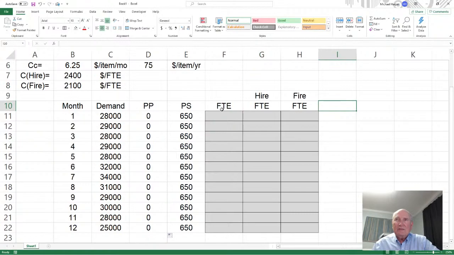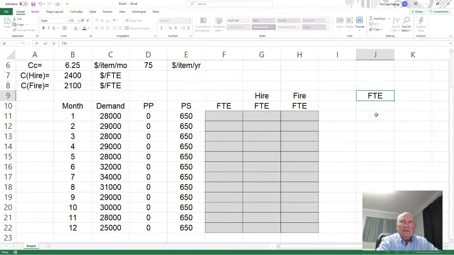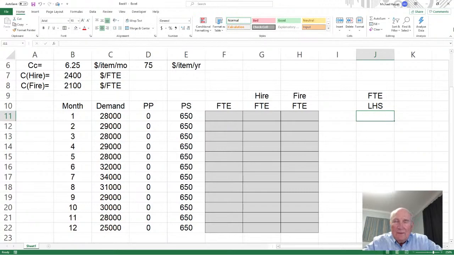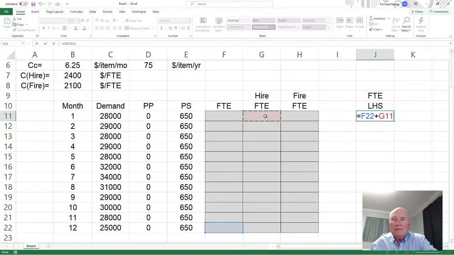Okay, we have our FTEs here. Let me put over here. So here is our FTE left-hand side. Remember that? Here we go. Equals, for the first month, the first time period, it's the last FTE plus what we're hiring minus what we're firing minus the FTE for that time period.